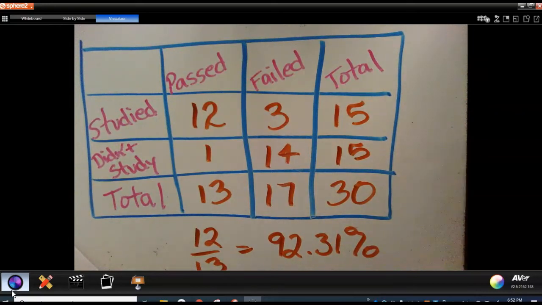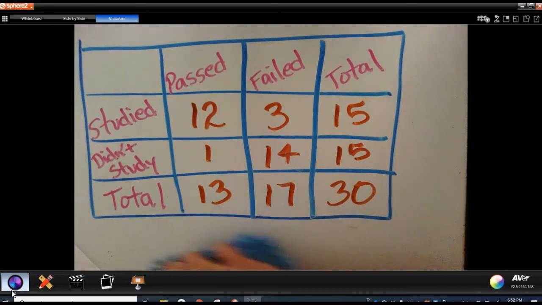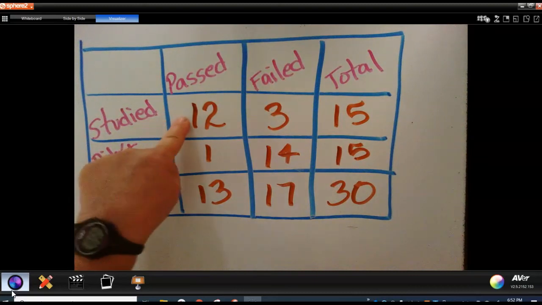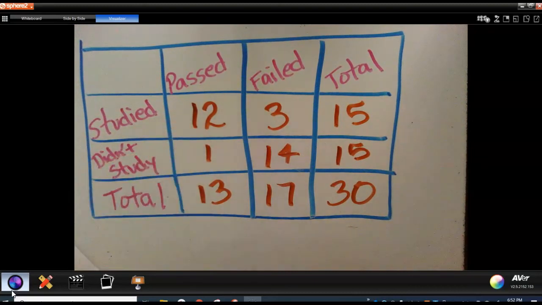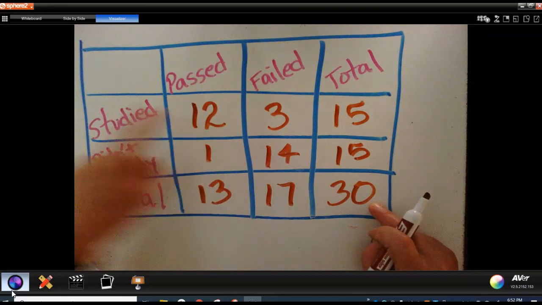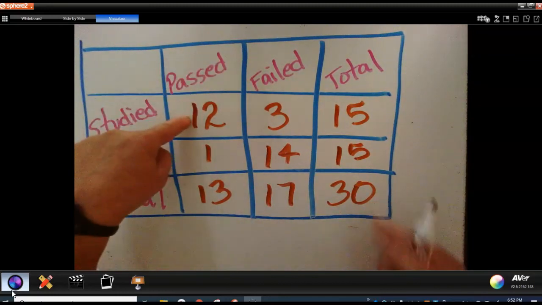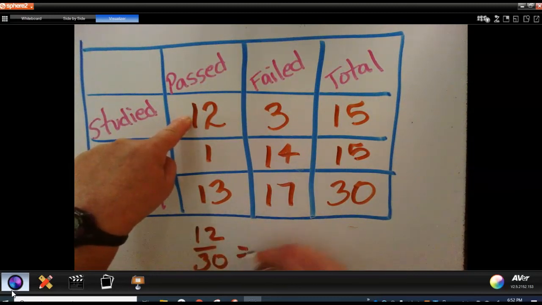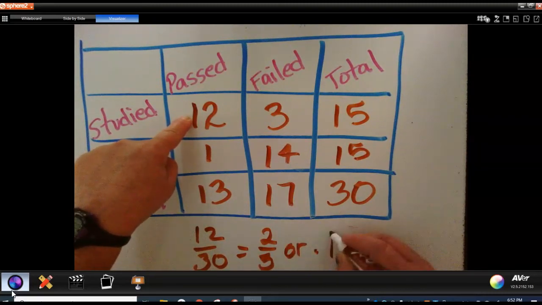So now they're asking you the relative frequency questions, all right? What's the relative frequency of students who studied and passed? And remember, the relative frequency has to go over this number, your total. So if you studied and passed, that number is 12. And when you write that number over 30, it reduces to 2/5 or 0.4 or 40%.